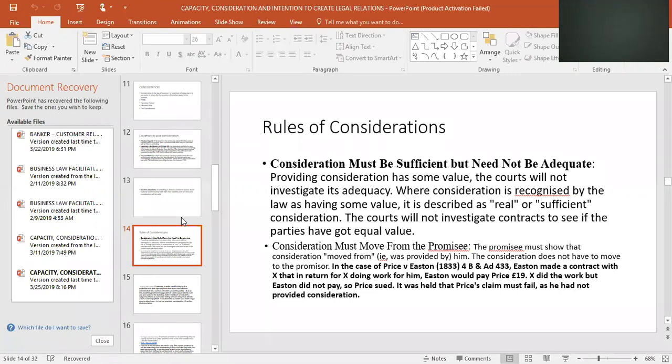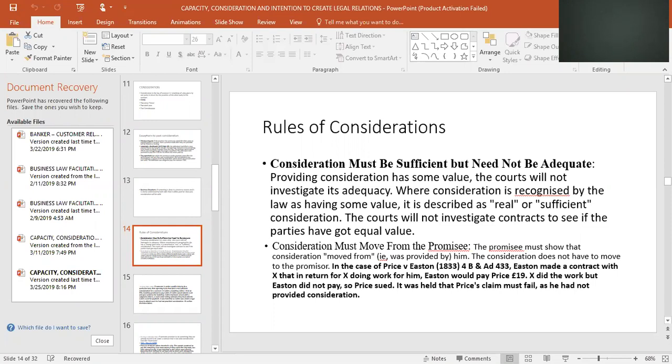Then we moved on to the second rule, which talks about the fact that consideration must move from the promisee to the promisor. It is very, very important that every consideration must come from the promisee. The promisee is the person to whom the promise has been made, and it is that person who is supposed to do something which is worth something for the agreement to be valid. I told Yvonne to wash my car for me. Yvonne washed my car for me. Yvonne, in this case, is the promisee. I am the promisor.